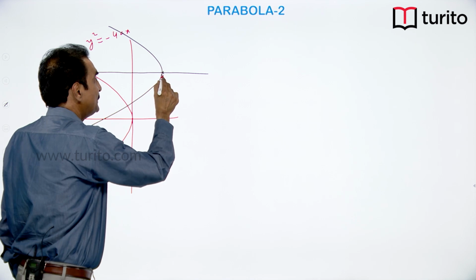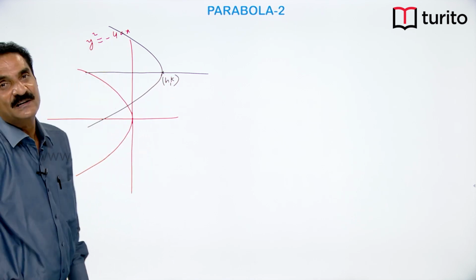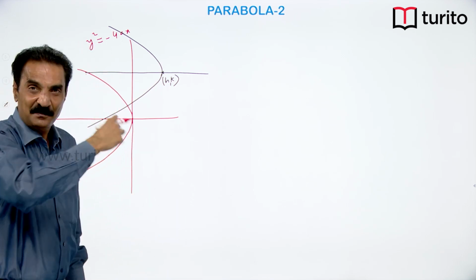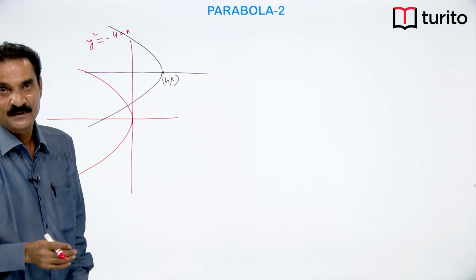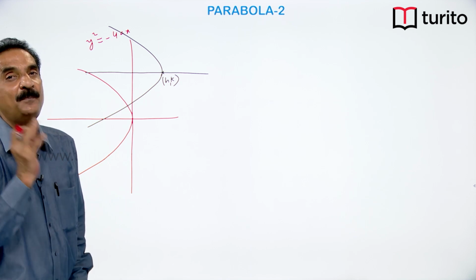Now, the new vertex is h comma k. Then we will get all characteristics of this parabola by replacing x by x minus h and y by y minus k if it is an equation, and we have to add h to the x coordinate and k to the y coordinate if it is a point.